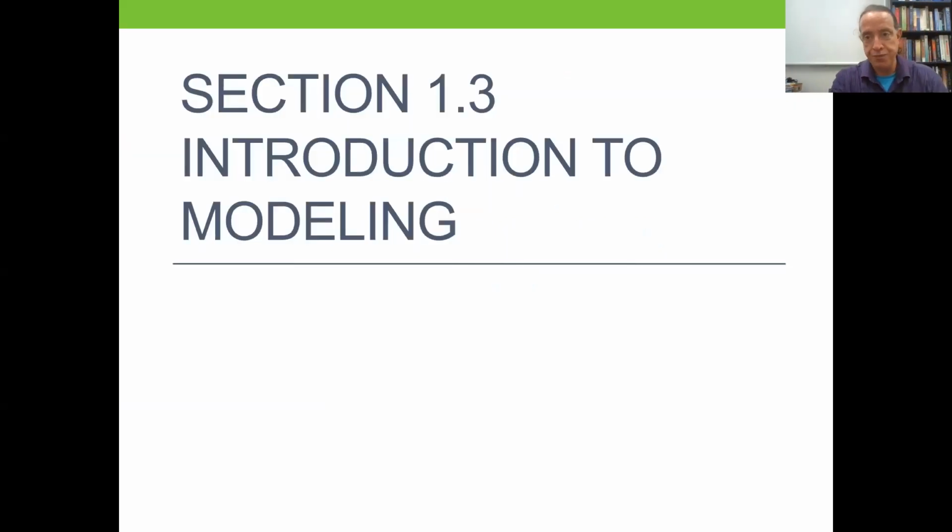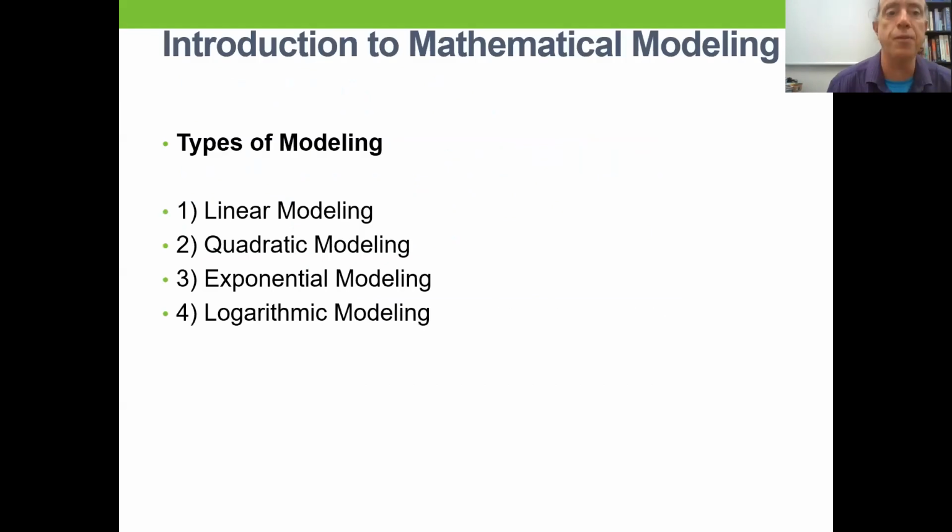The types of modeling that we're going to cover are linear, quadratic, exponential, and logarithmic. And they are all patterned by different forms of equations, but they also are represented by different types of graph. Linear models typically have x to the first power.